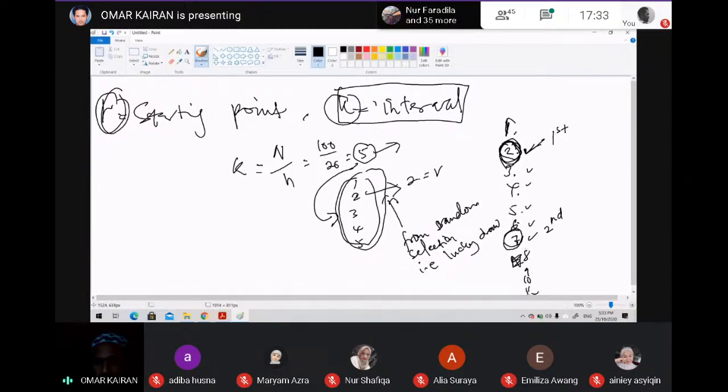We count again: 1, 2, 3, 4, 5. So 12 is the third sample. And so on. You do it until you get 20. At the end of your calculation, you will get the 20 samples.